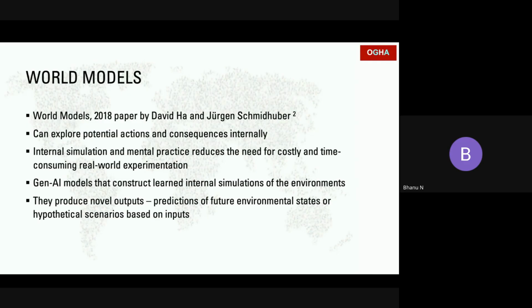So you can simulate those actions, and that reduces the need for costly and time-consuming real-world experimentation and training. And these are again generative AI models.